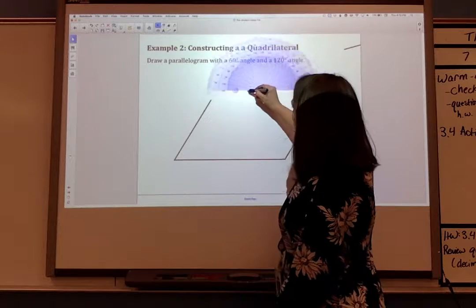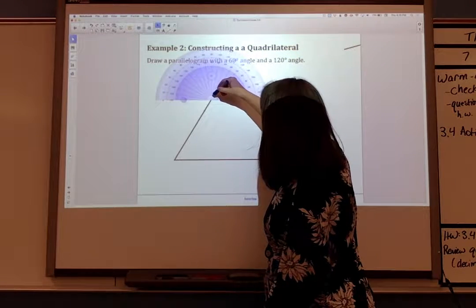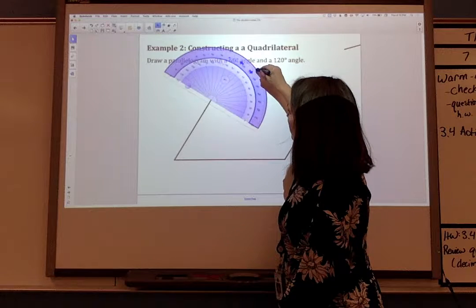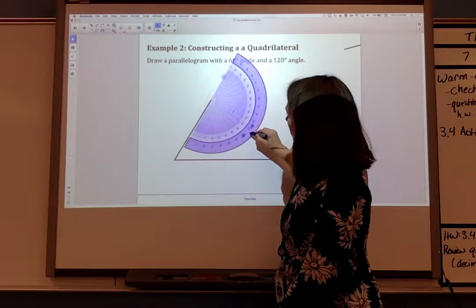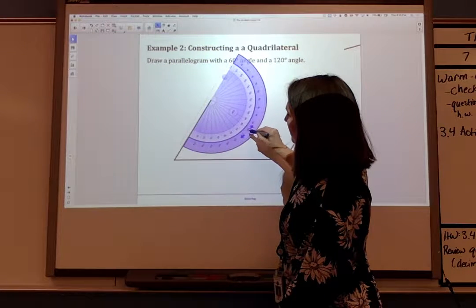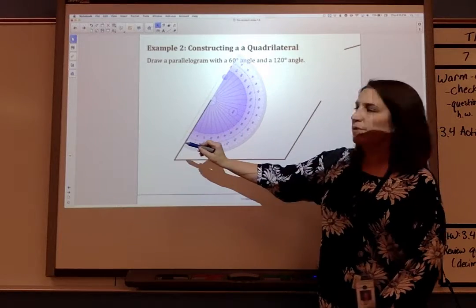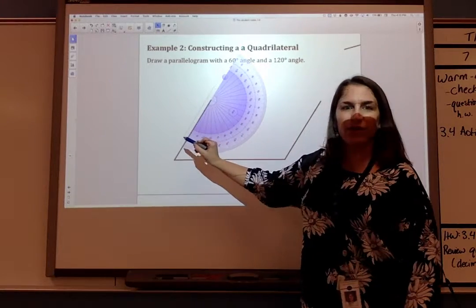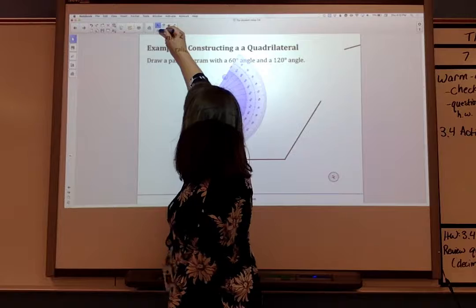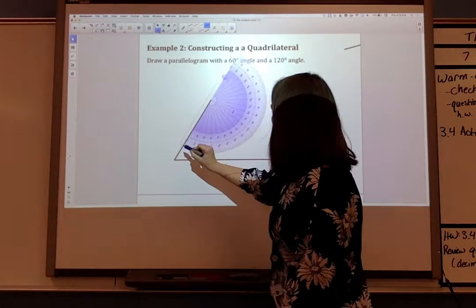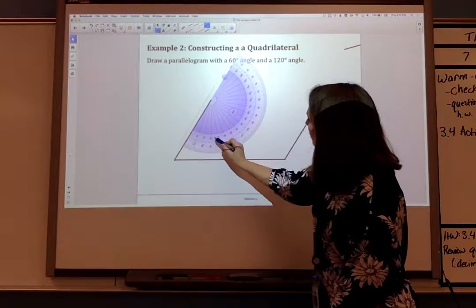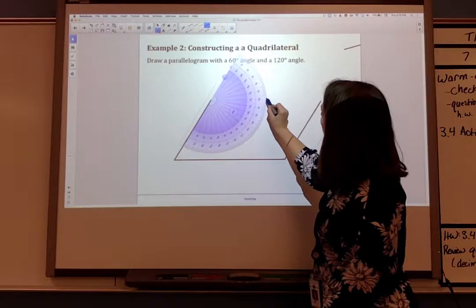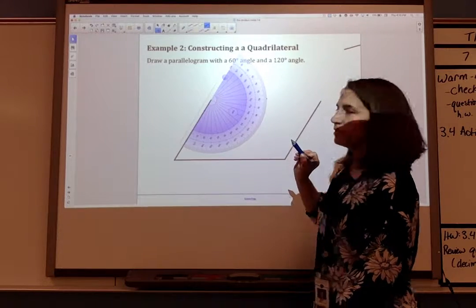All right, and I'm going to move my protractor over to here. And I'm going to turn my protractor so that it's lined up exactly with this line that's part of my parallelogram. And I'm going to find a 120-degree angle. So I'm going to make a mark at, see, 10, 20, 30, 40, all the way over here at 120 degrees.